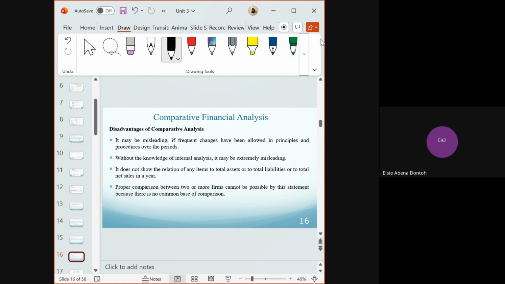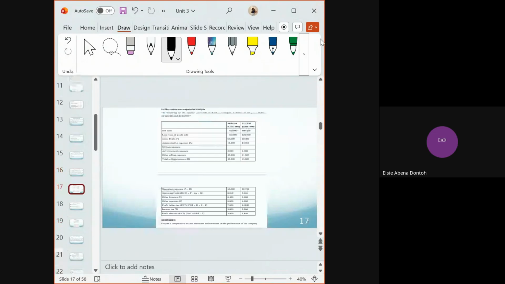So before you undertake comparative financial analysis with another company, you have to do your checks to know whether your ways of doing things are similar to the company you are comparing yourself to. If not, the comparative analysis you are doing will be fruitless.